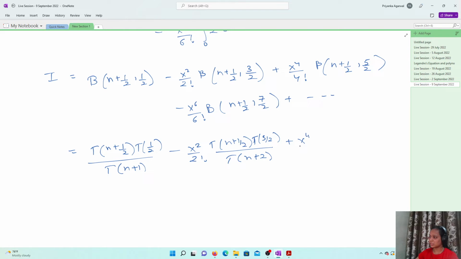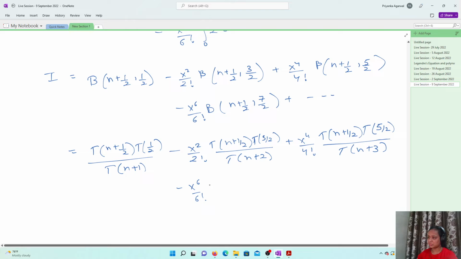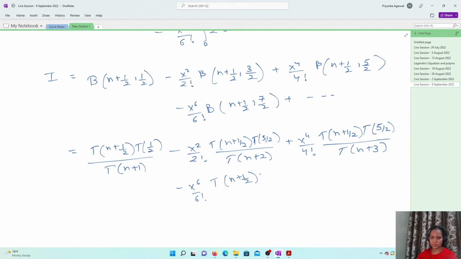Similarly, for all terms we can write gamma n plus 1 by 2 into gamma of 5 by 2 over gamma of n plus 3. And for this term, gamma of n plus 1 by 2 gamma 7 by 2 over gamma of n plus 4, and so on.